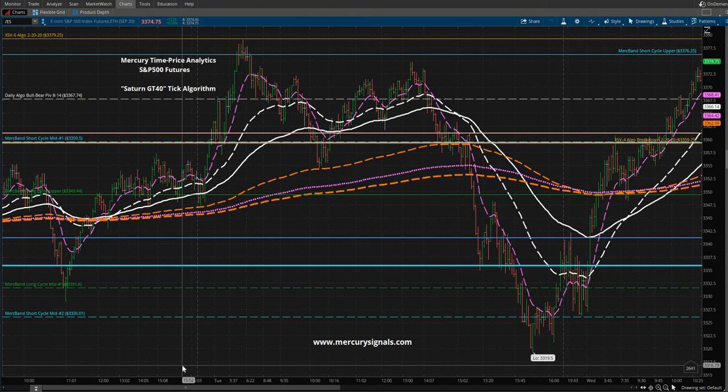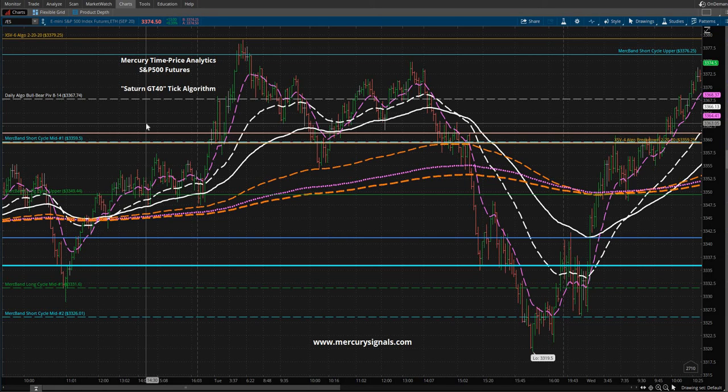So that is our Saturn GT40 tick algorithm. And by the way, there is nothing in here with the number 40. I was working on this for the last couple of weeks, and the whole idea was to make it very, very fast, very responsive, like a race car.